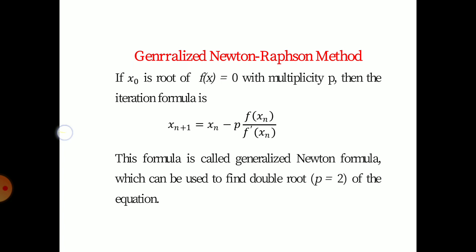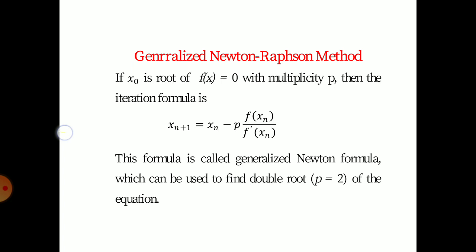Means we shall assume that x0 is a root of f of x is equal to 0 with multiplicity p. Multiplicity means how many times that root repeats. If it repeats 2 times, then we have p is equal to 2. If there is no repetition, only 1 time occurs, that means p is equal to 1.